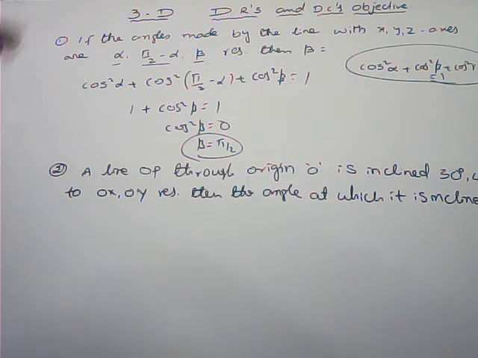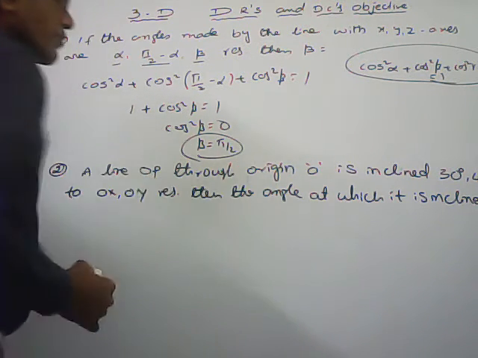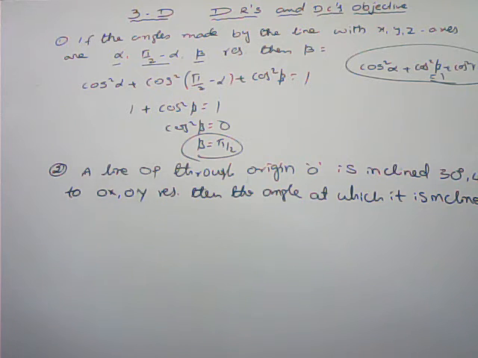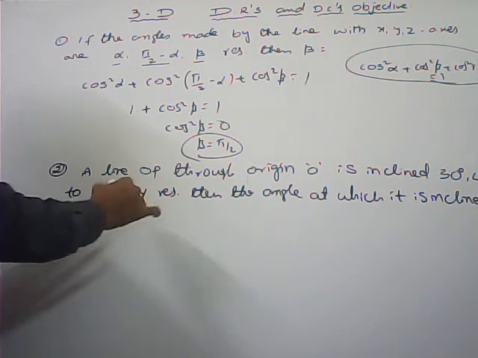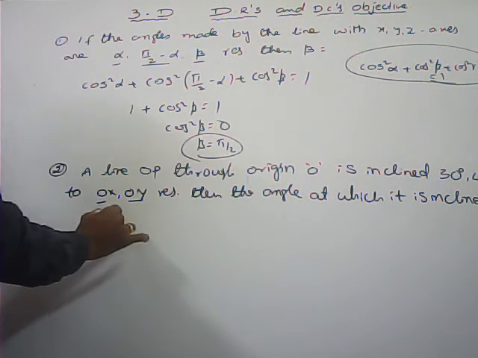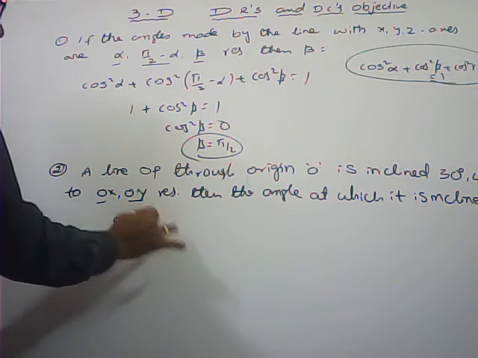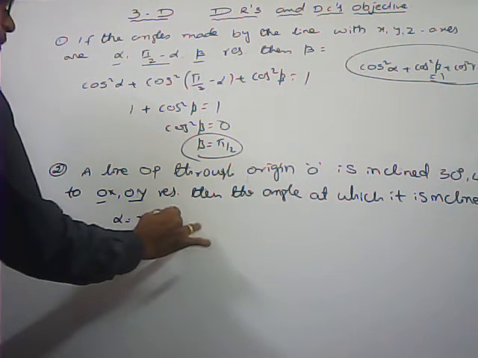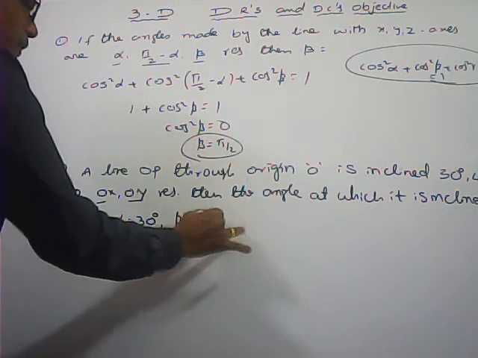Already in the theory class we discussed that one. A line OP through origin O is inclined at 30 degrees and 45 degrees to OX and OY. It makes alpha equal to 30 degrees with the positive direction of the x axis, and with the positive direction of the y axis it makes 45 degrees, that you can take as beta.